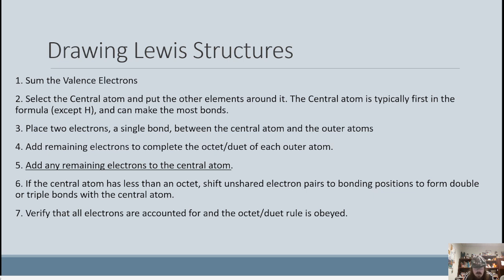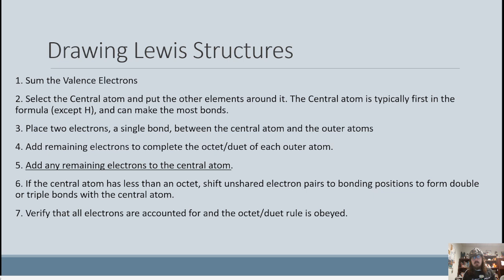Now, and only now on step 6, if the central atom still has less than an octet, we will shift a lone pair from one of the outer atoms.